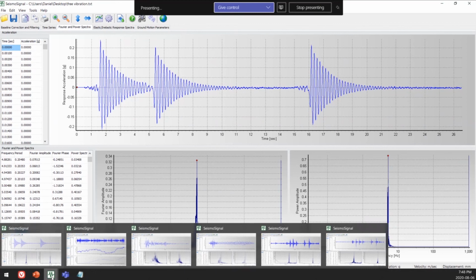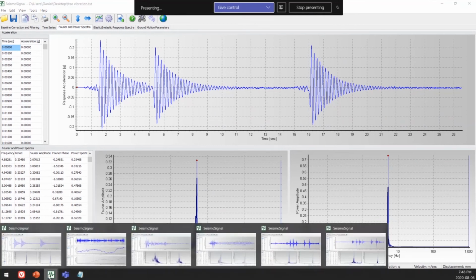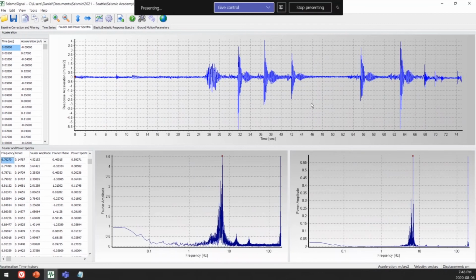However, what you should note is that this was a really nice free vibration, but this year we had a really not nice one, where we start pushing the tower and it would shake first in the x direction that we pushed it, and then it would slowly transition to the y direction. So if I load that up, this is the x direction. You can see this is not quite as nice of a curve.